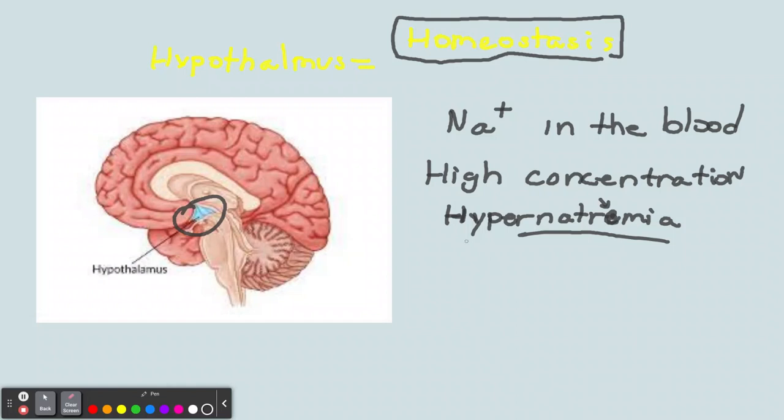And when this happens, the osmoreceptors will be triggered. They're located in the hypothalamus. And there are also stretch receptors, located in the walls of the blood vessels.